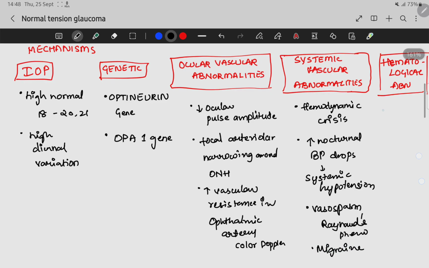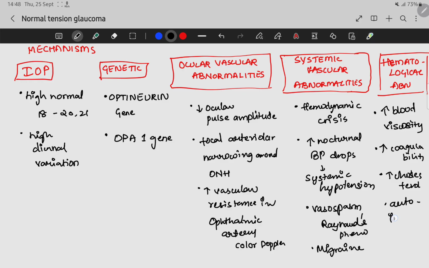And in hematological abnormalities, we have increased blood viscosity, hypercoagulability, hypercholesterolemia, and autoimmune factors.